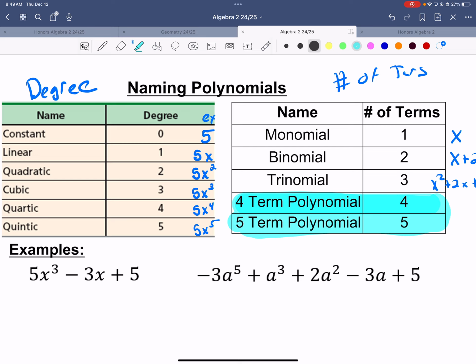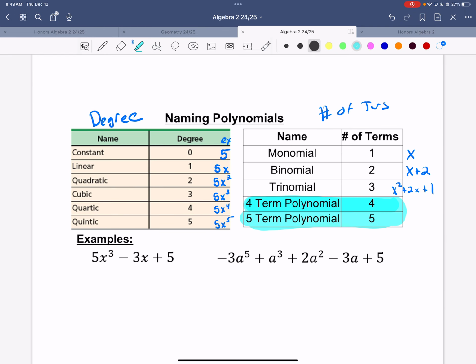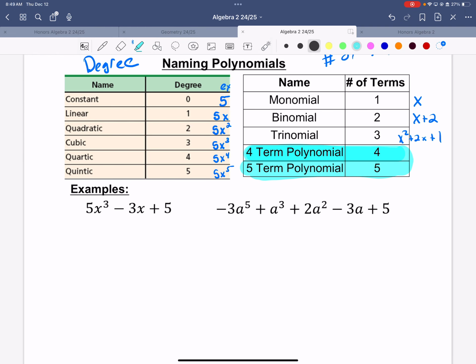So if I have something like 5x cubed minus 3x plus 5, and we're just asked to name it. So when you're naming it, make sure it's in standard form first. So 5x cubed minus 3x plus 5, it's in standard form already. We're good to go there. We first name it by its degree.